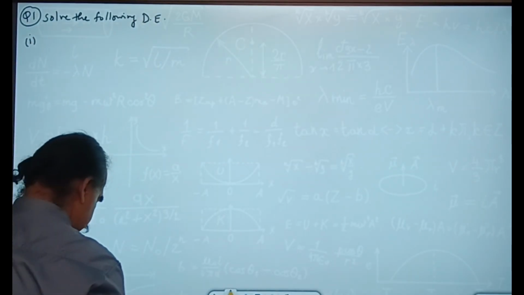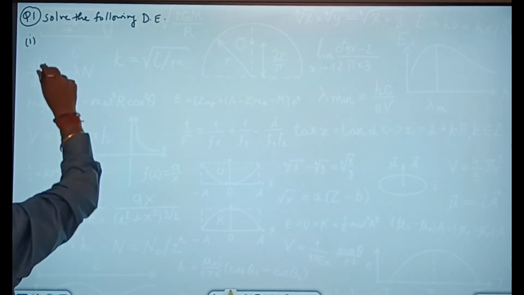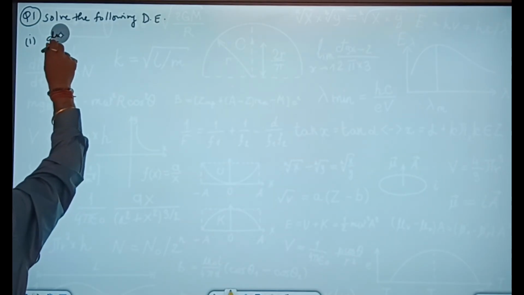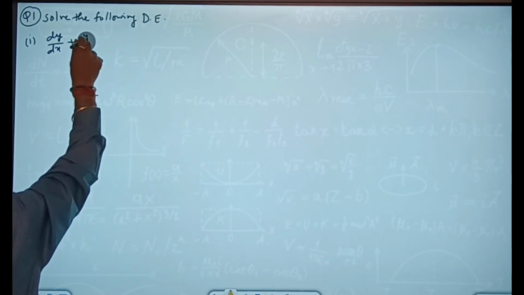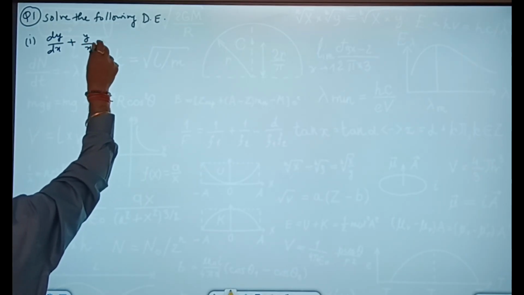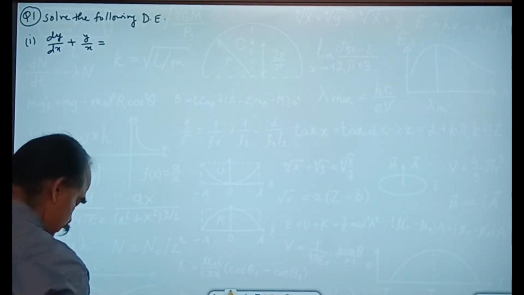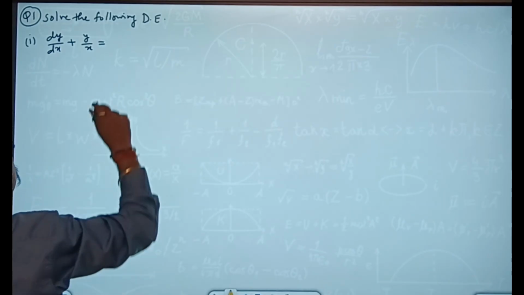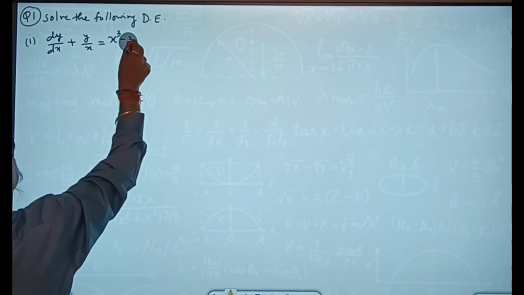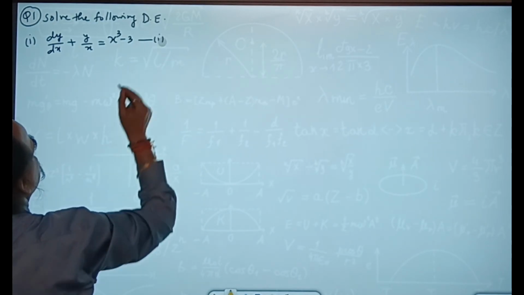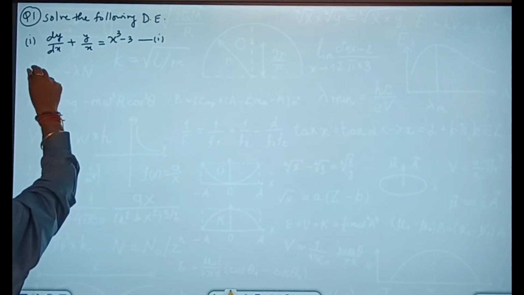First one is dy by dx plus y by x is equal to x cube minus 3. This is equation number 1.